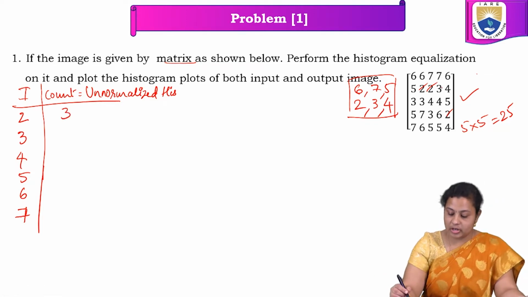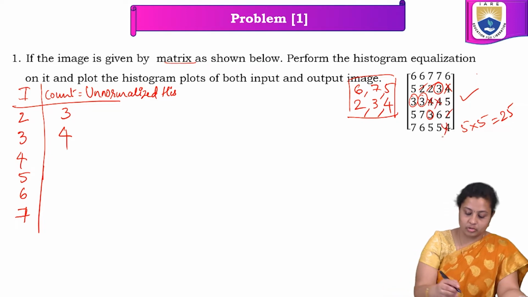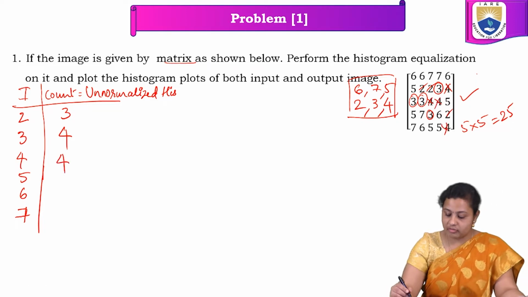Intensity value 3 has 1, 2, 3, 4. Intensity value 4 has 1, 2, 3, 4. Next, 5 has 1, 2, 3, 4, 5.